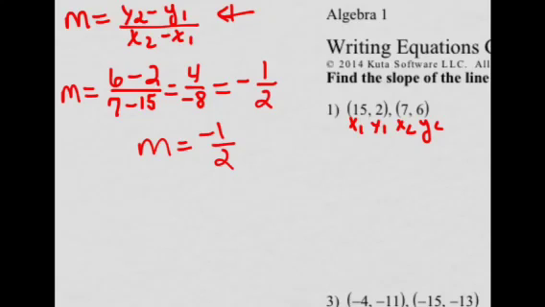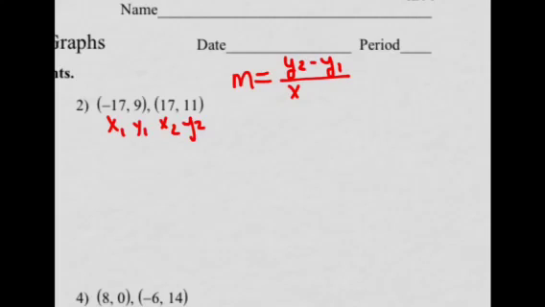Let's do one more example. So if we slide this over to number 2, again, let's label x1, y1, x2, y2. And then let's write our slope formula. m equals y2 minus y1 over x2 minus x1.